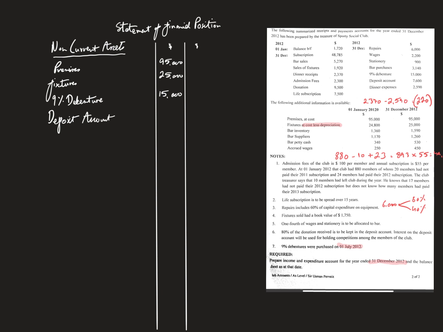How much did we deposit? 7,600. ठीक है? Can you tell me total non-current assets? 142,600. Current assets.